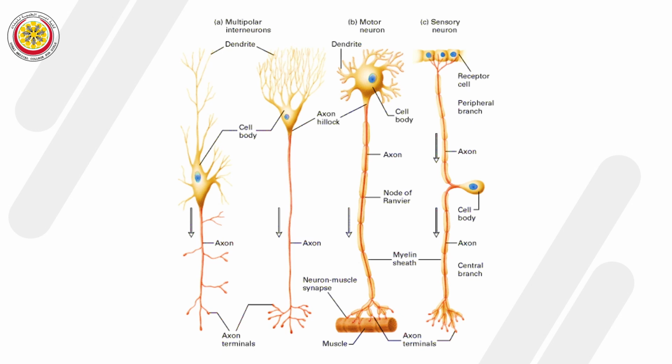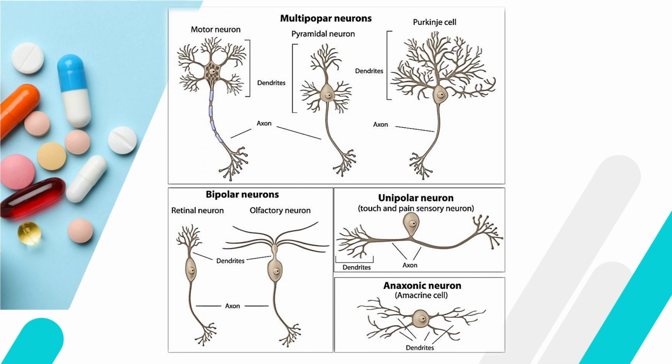And then we have multipolar neurons. Sometimes you will find other types. So pseudo-unipolar, this is wrong, and this is unipolar, and this is called anaxonic. Anaxonic, no axon, just dendrites.